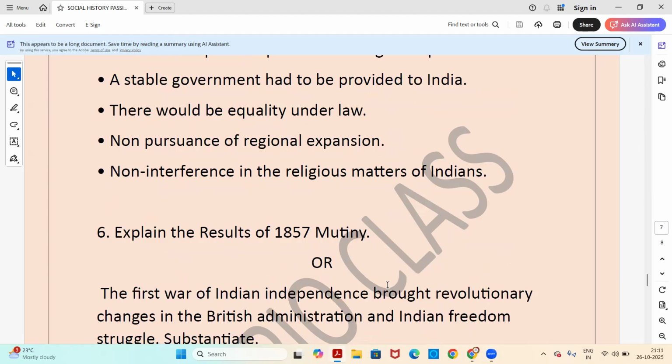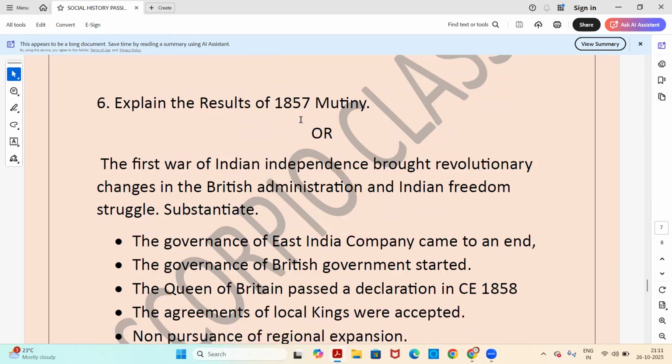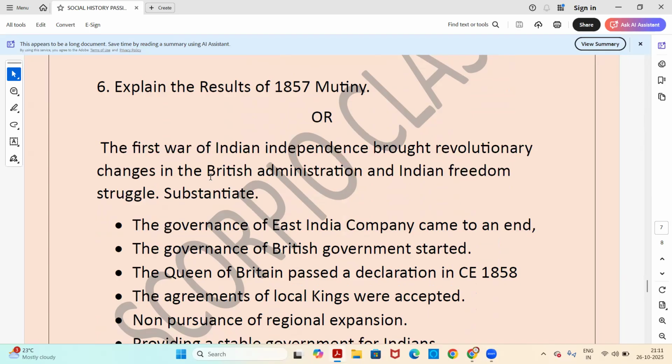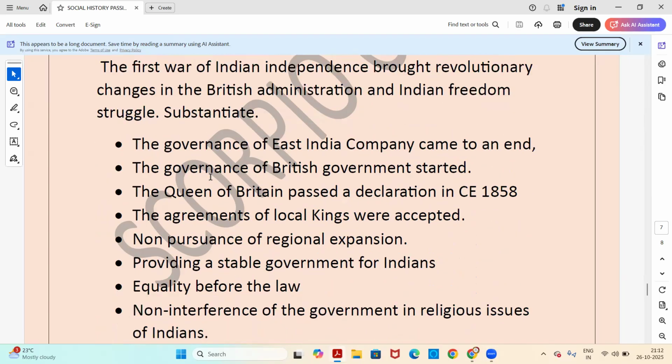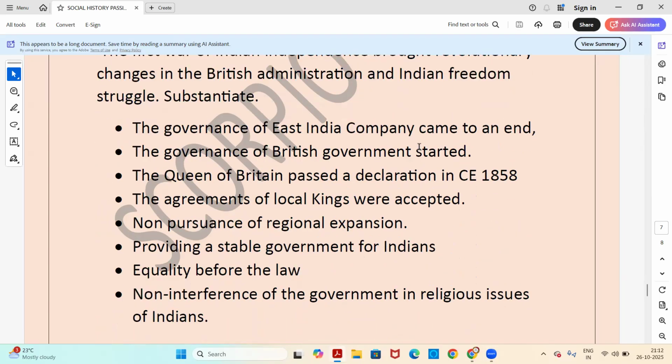Next, explain how the results of 1857, or the First War of Indian Independence, brought revolutionary changes in the British administration and Indian freedom struggle. Substantiate. Either way the question can be asked. Let's see the answer. The governance of East India Company came to an end. The governance of British government started.